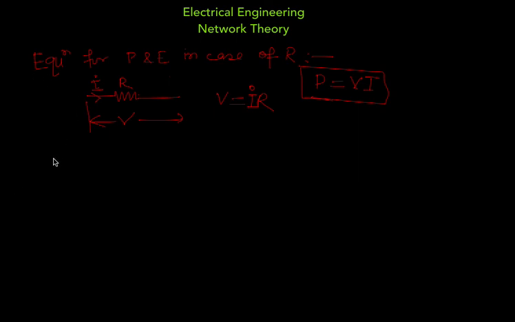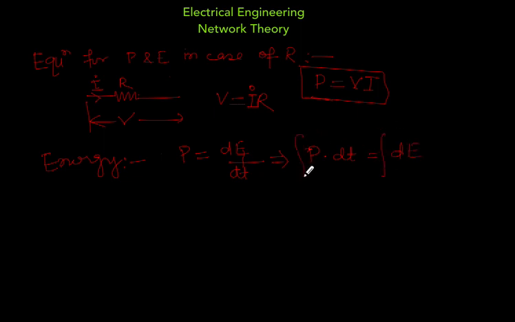Moving on, we will look into the equation of energy consumed in a resistance. For energy, we already know that power is equal to rate of change of energy, where E is the energy. So simplifying, P dt is equal to dE.